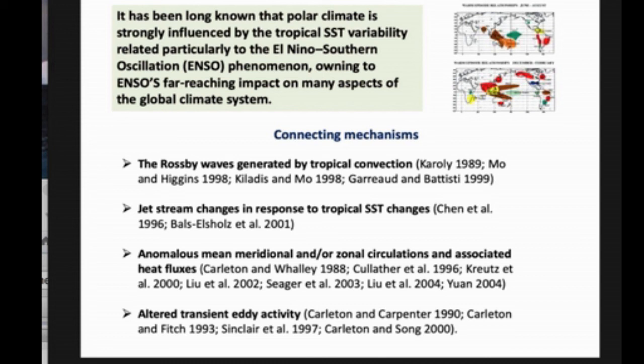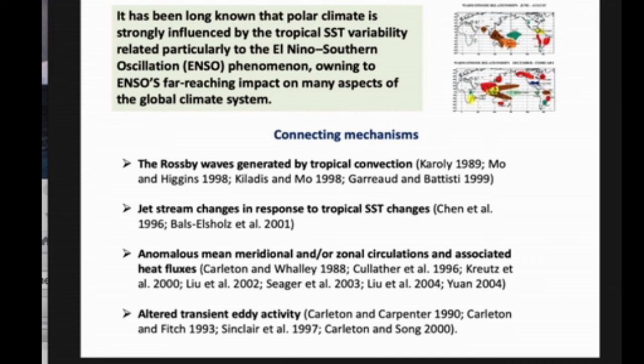Those are famous ENSO studies, with temperature and precipitation responding to El Nino and La Nino anomalies in the tropics. This ENSO-Antarctic research can be traced back to the early 80s, and in the 80s and 90s, people systematically studied the connection mechanisms.